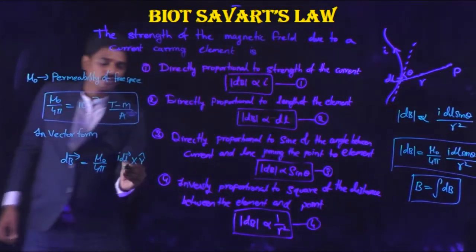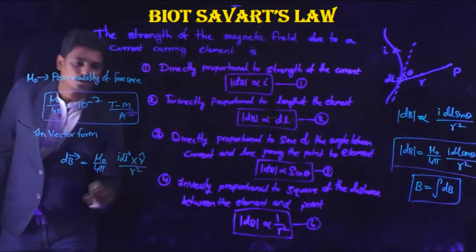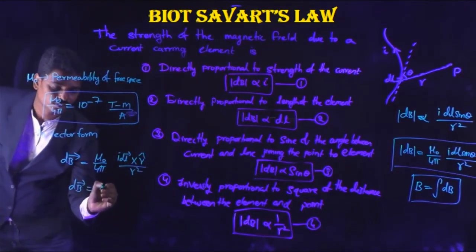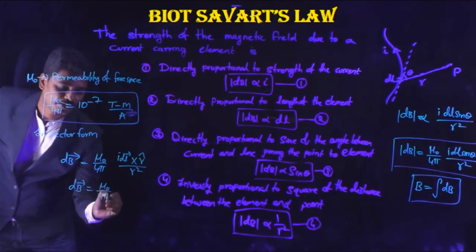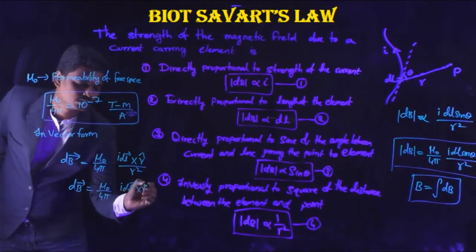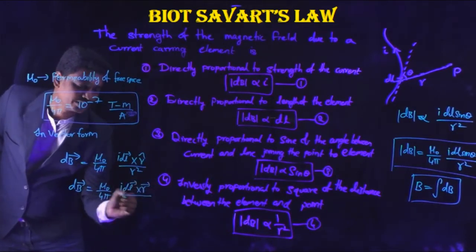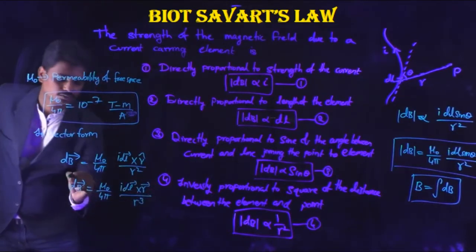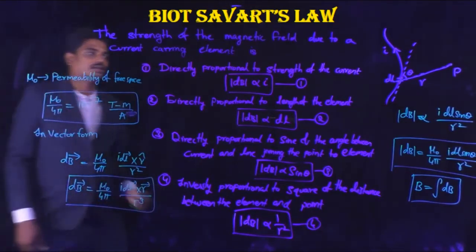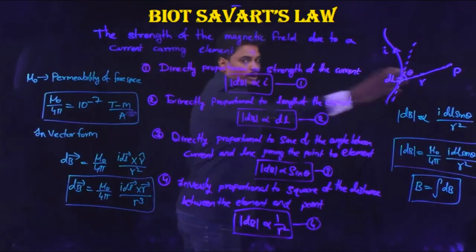It can also be written as dB bar equals mu naught by 4 pi into I dl bar cross r bar divided by r cube, where r bar is the position vector along the line joining the element to the point P.